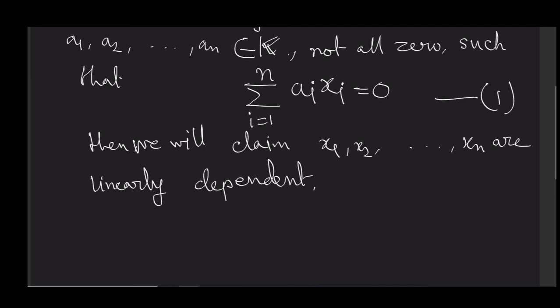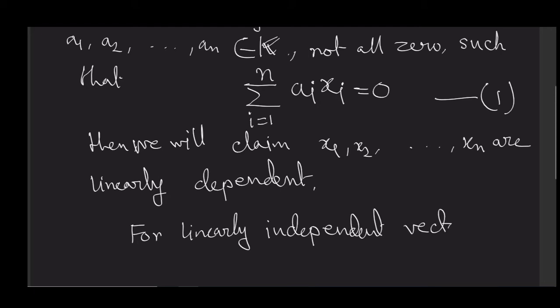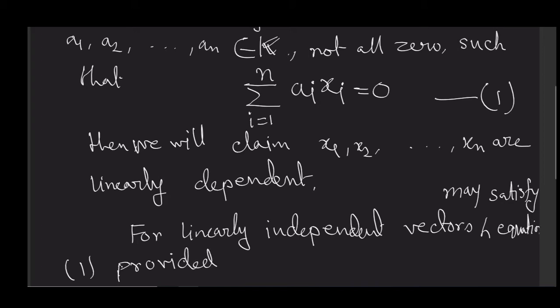Or in other way, in terms of mathematics, you can say that for linearly independent vectors, equation 1 may be satisfied provided all the scalars a1, a2, an are equal to 0, right?